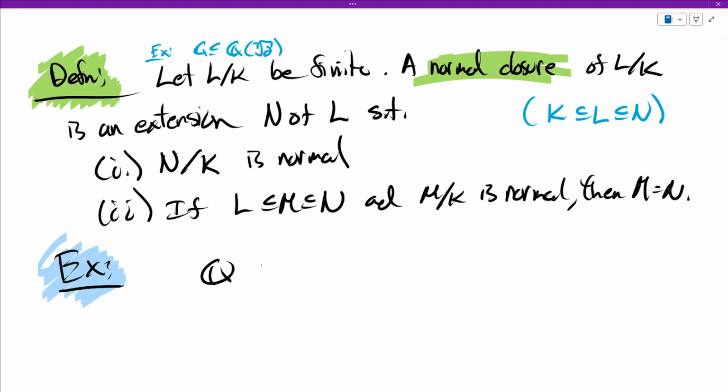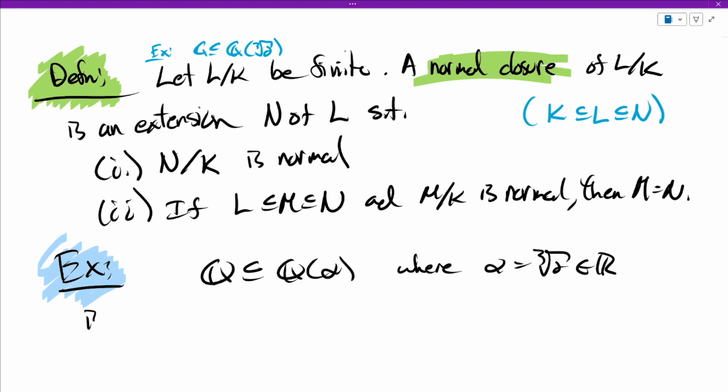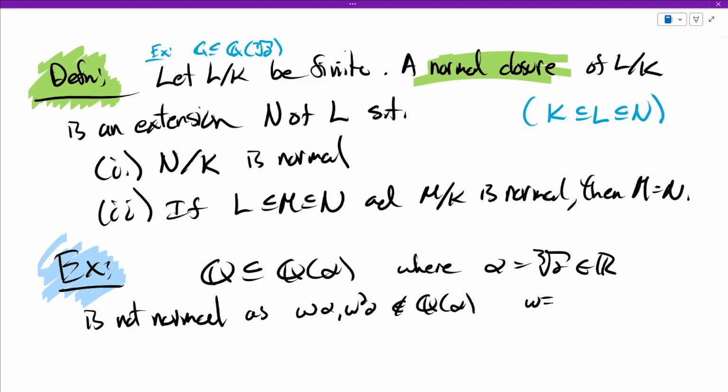Q inside of Q adjoin alpha, where alpha is a real cube root of 2, or any cube root of 2, is not normal because it's not a splitting field. We're missing omega alpha and omega squared alpha, which are not in Q adjoin alpha. Again, omega is any primitive cube root of unity. I can take the standard one if I want.